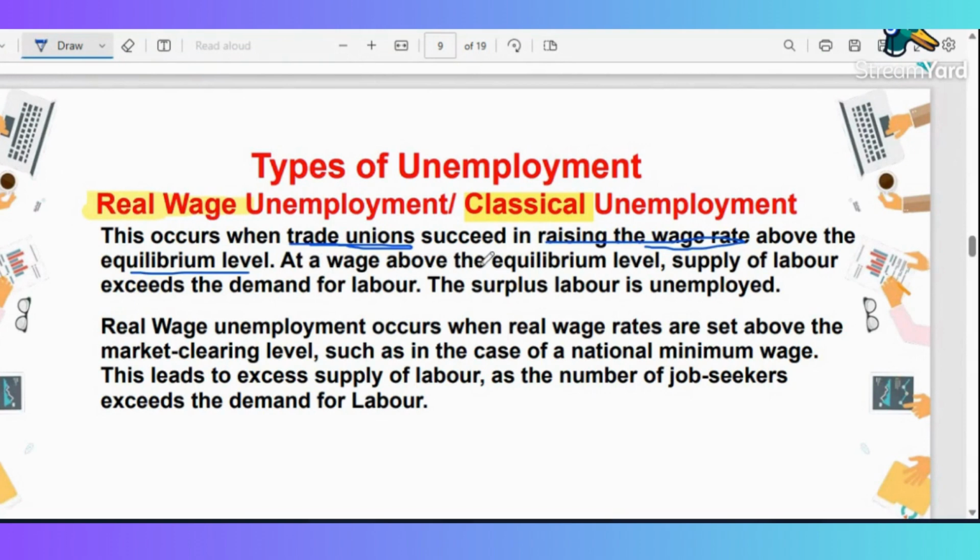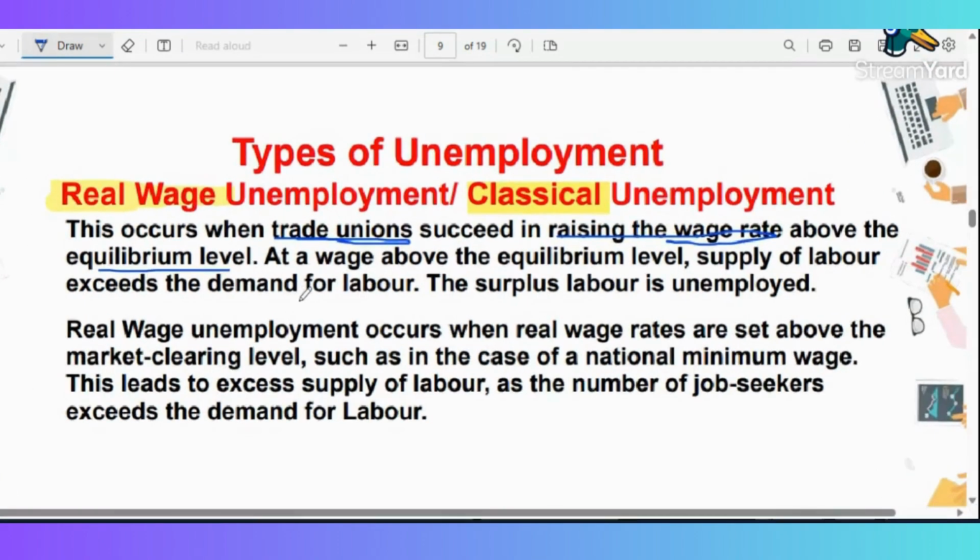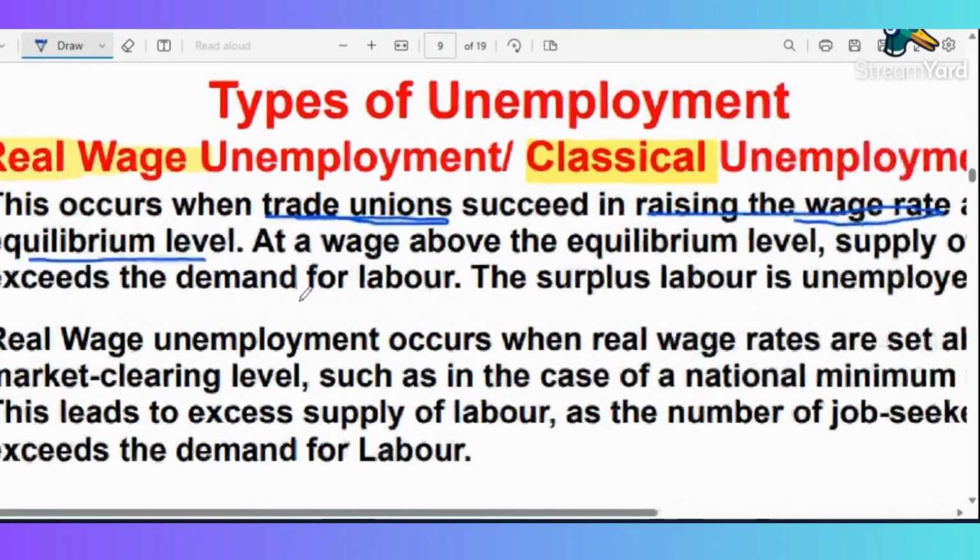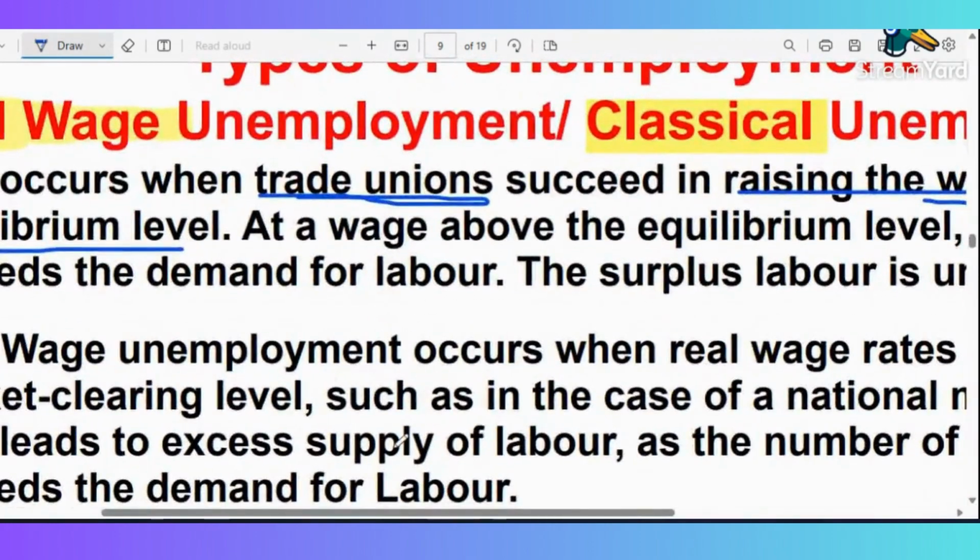Now, at a wage above the equilibrium level, supply of labor exceeds the demand, right? If we were to write this, it would be supply of labor, SL, is greater than the demand for labor. Hence, this is what causes a surplus.